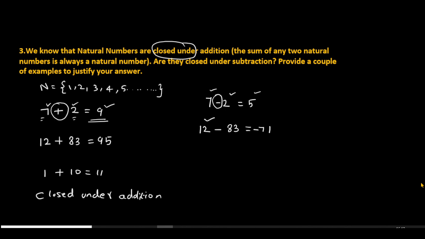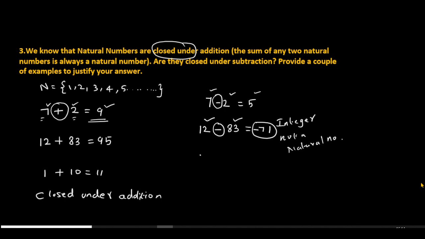So 12 is a natural number, 83 is a natural number, but when we operate with subtraction, we are getting a negative integer. So this is not a natural number. It is an integer, not a natural number. In our natural number system, there are no negative numbers.